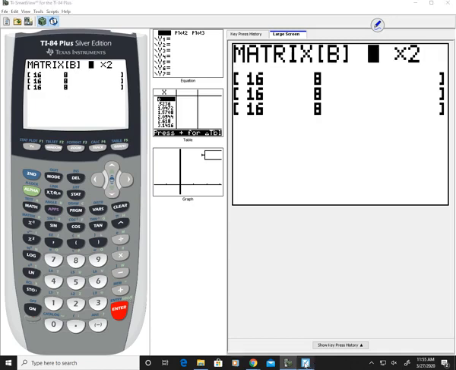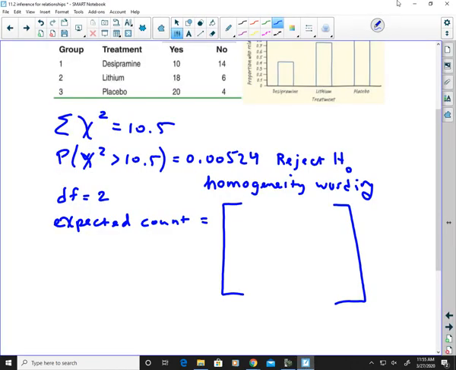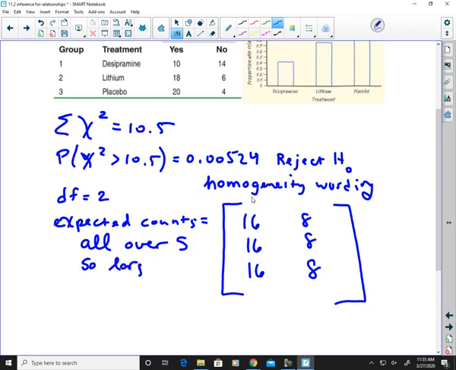So we'll put that on our paper. If you wanted to write your matrices in matrix notation, that would certainly be mathematically appropriate. And they are all over 5. So large enough. And so that's why we were able to do a chi-squared test for homogeneity as our inference.